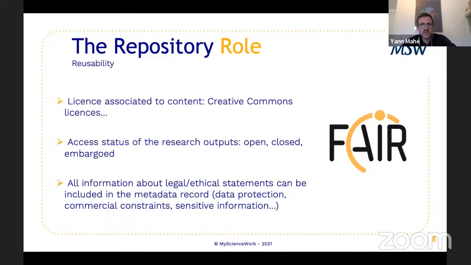And finally, repositories provide metadata in human-readable and machine-readable formats, and the repository can also set up an API to support full text harvesting, and also maybe some text and data mining services. So in that way, it can help other organizations to use your content within your repository with other services.